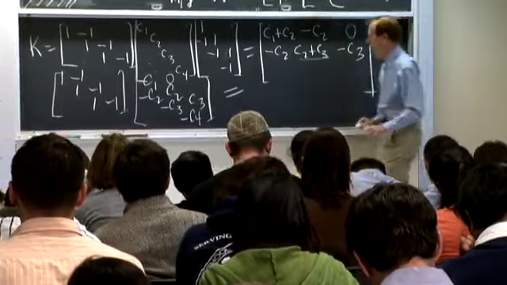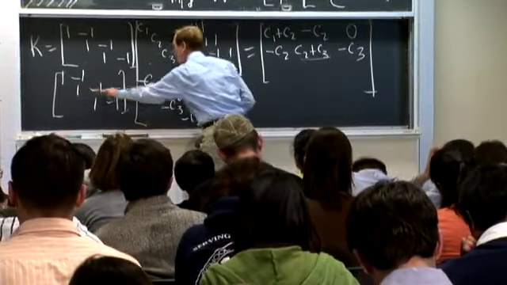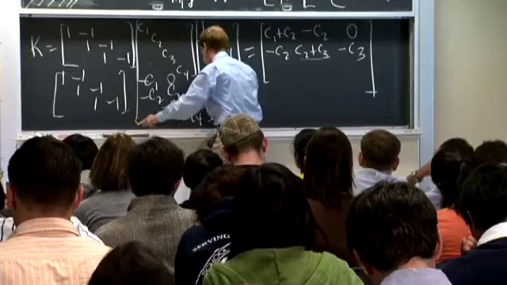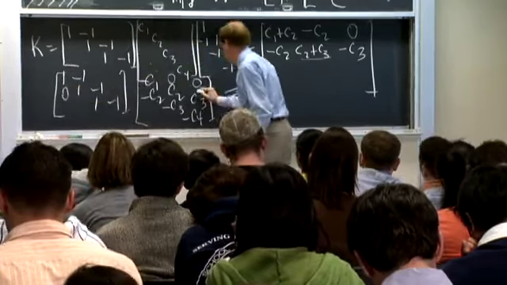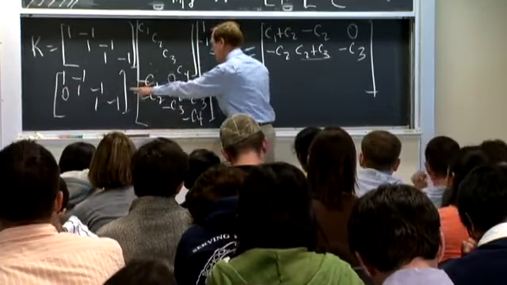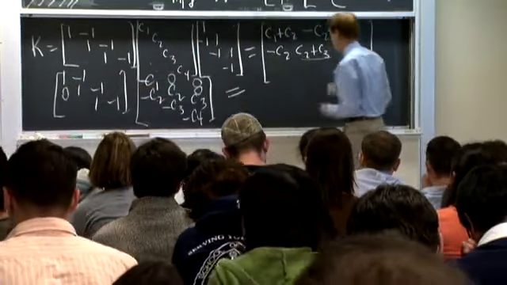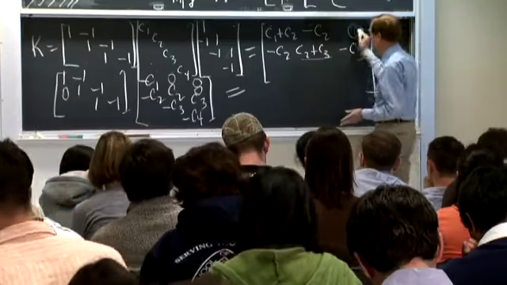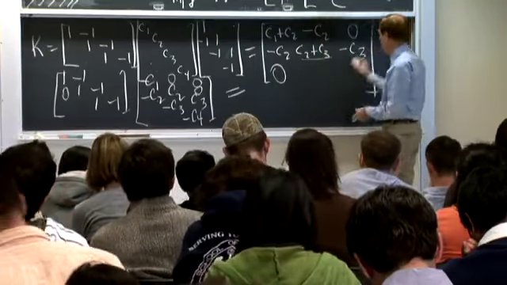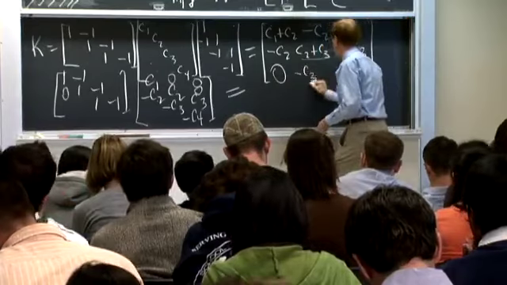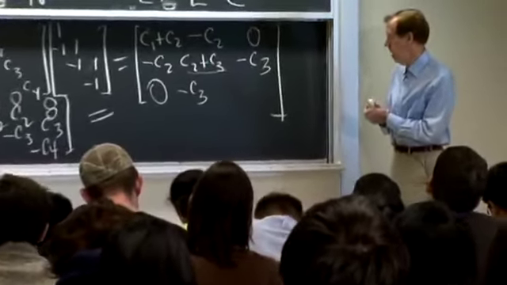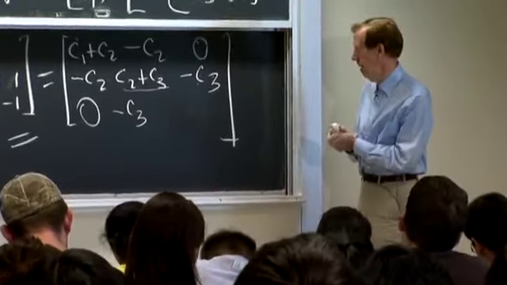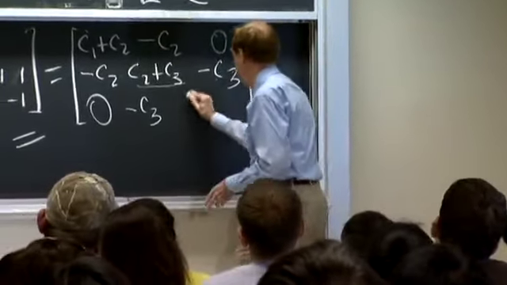Let's just see it happen. That second row times this third guy will give me 0, and then a minus C3. Good. And now we know the 0 is going to show up here, the minus C3 is going to show up here, and what will show up here? C3 plus C4.